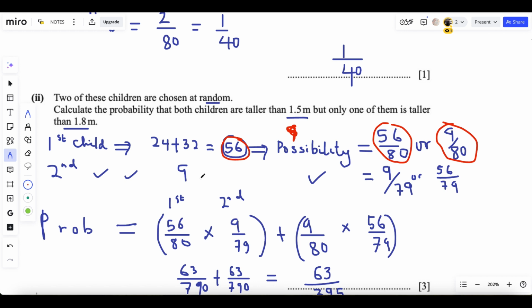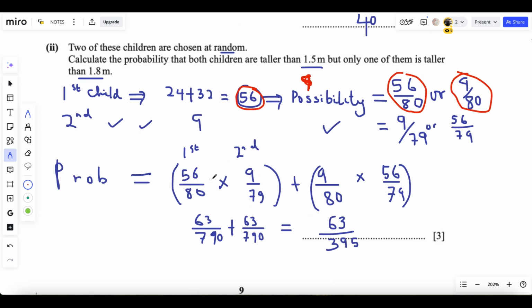The second child will therefore also have 56 and 9, because these are the two possibilities. But in this case it will be 9 over 79 or 56 over 79, because one has been taken out. Now here are the possibilities put together in terms of probability. The first one, the first child having the 56 opportunity, is 56 over 80 times 9 over 79.